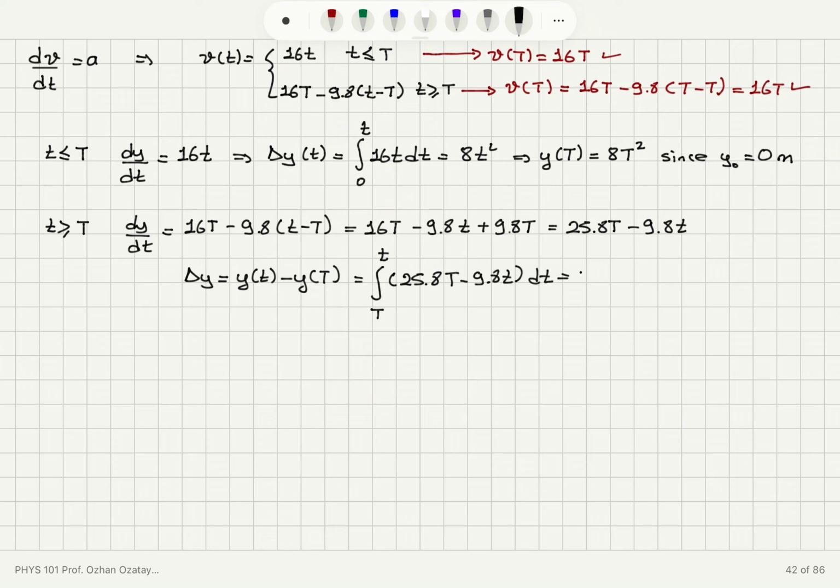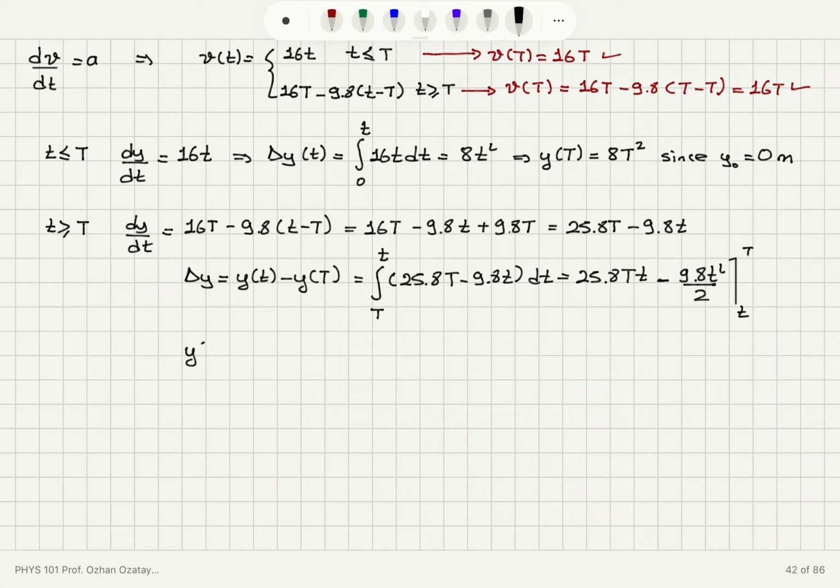So this will be 25.8T times t minus 9.8 t squared over 2, to be evaluated between time capital T and t.